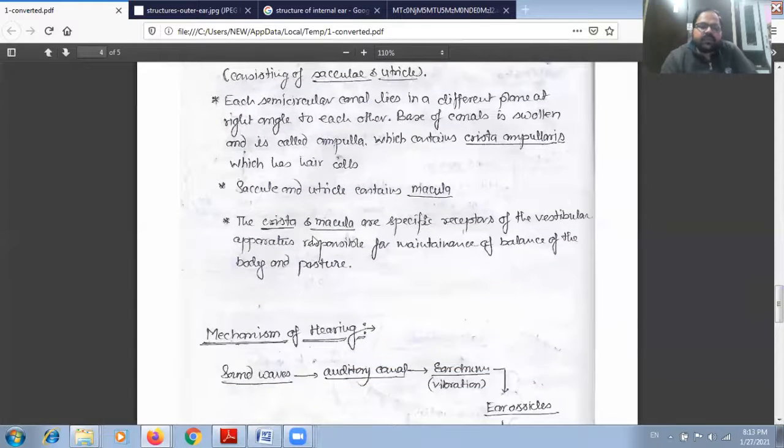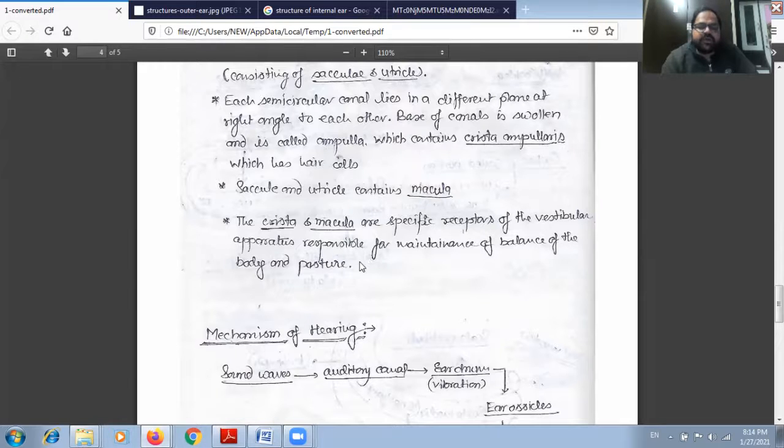The saculi and utricle contain the macula. The crista and macula are the specific receptors of the vestibular apparatus responsible for the maintenance of balance of the body and posture.